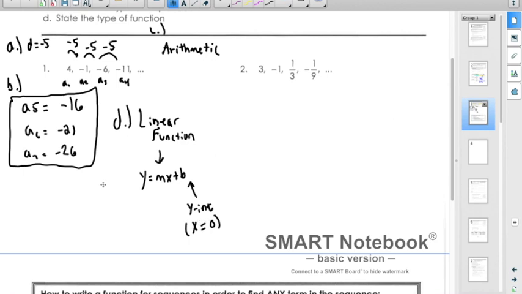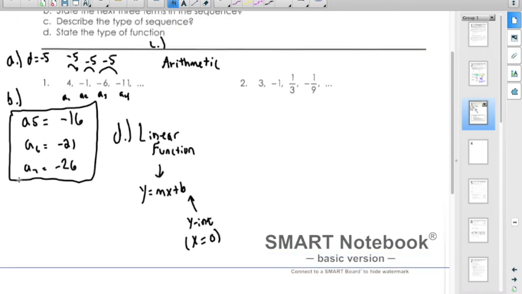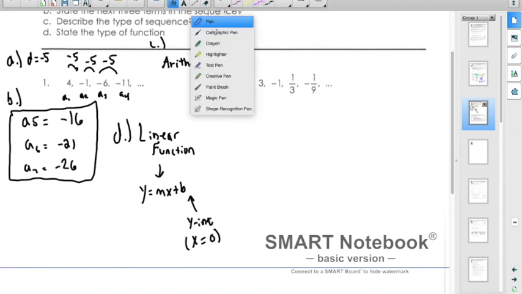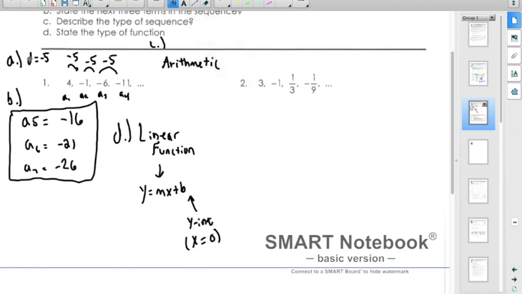So if I wanted to write subscript notation of this sequence, I need to know 2 things really. I need to know what's the common difference, which I got, which I can highlight with this. But I also need to know what is my b?